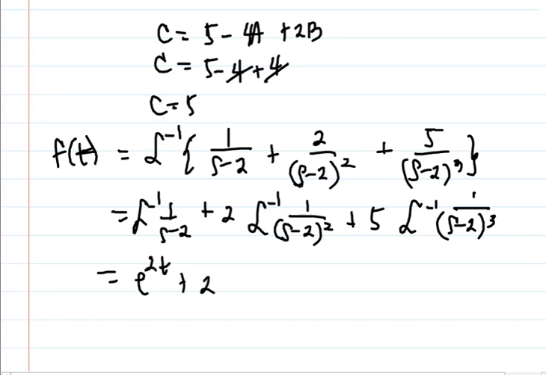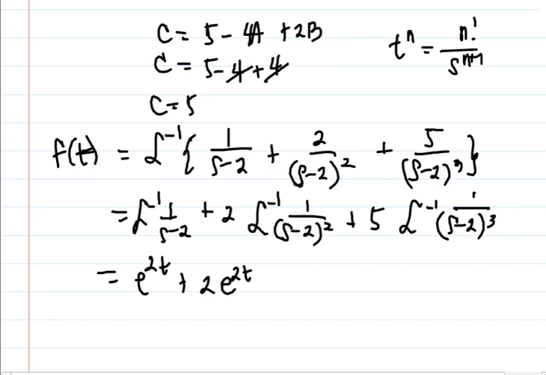Then, since we don't have a shift in the Laplace transform, it would automatically be 1 all over s squared, but we have the first shifting, which means we have e raised to 2t. And then for 1 all over s squared, we have a formula: t raised to n is equal to n factorial all over s raised to n plus 1.